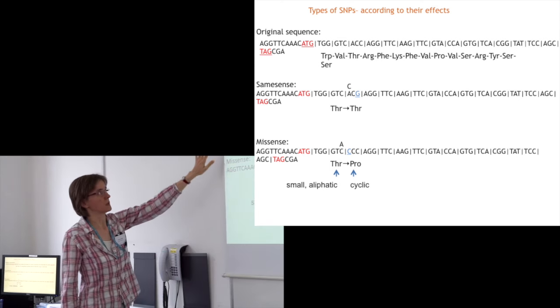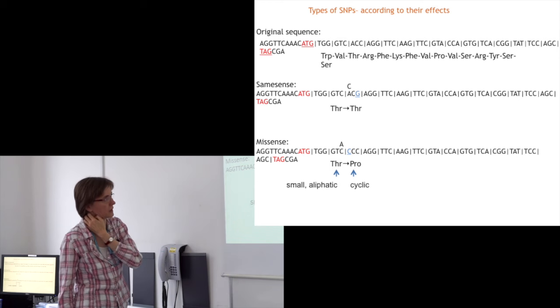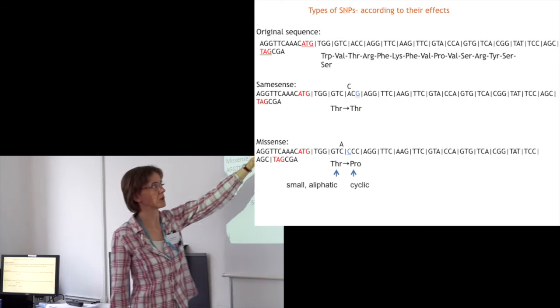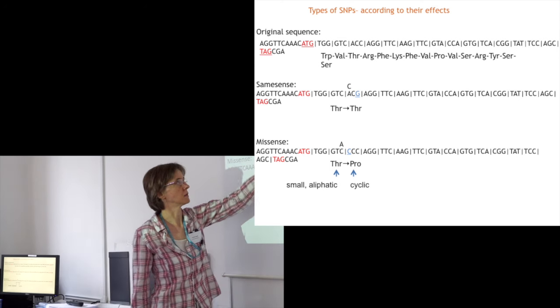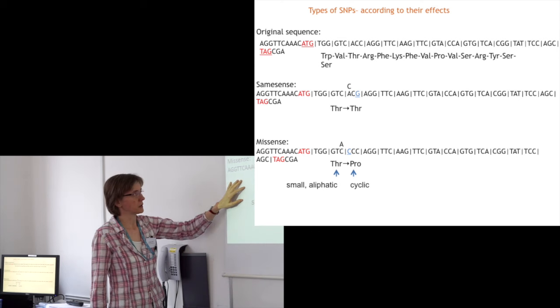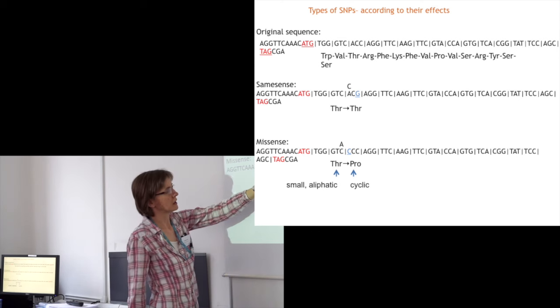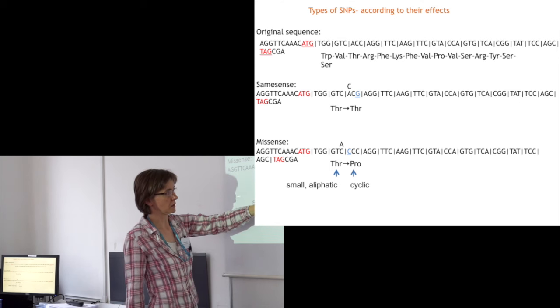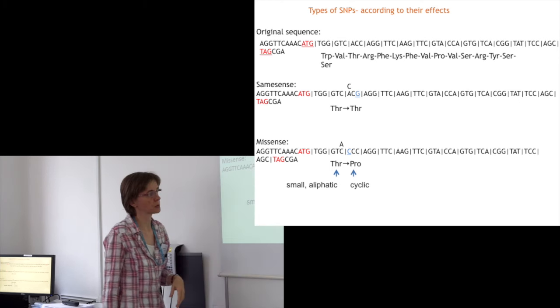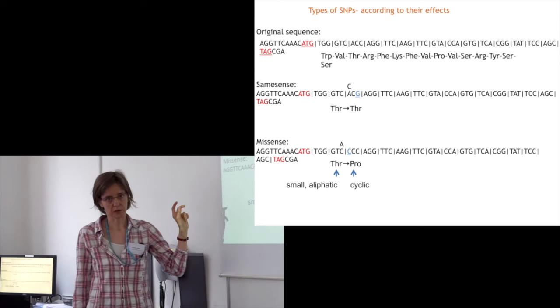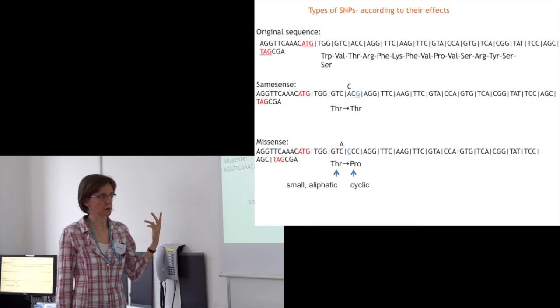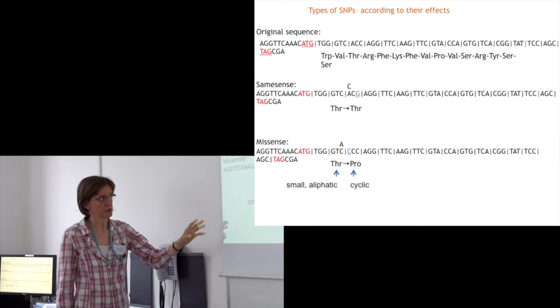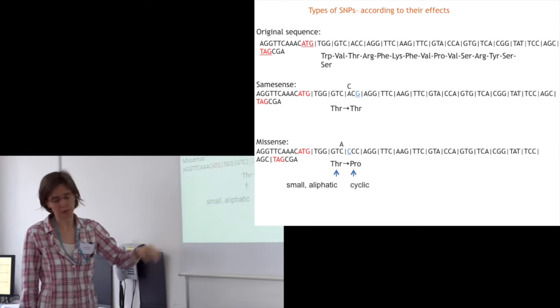So this is a synonymous mutation, and it's very unlikely to disturb the function of the protein. On the other hand, if I introduce a C instead of an A here, the amino acid threonine will change to proline, which are chemically two very different amino acids. So depending on where this change is, the function of the protein can be disturbed.